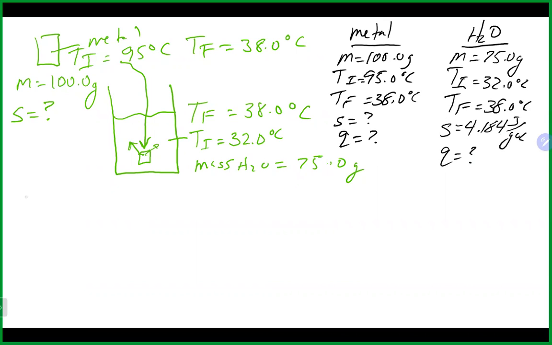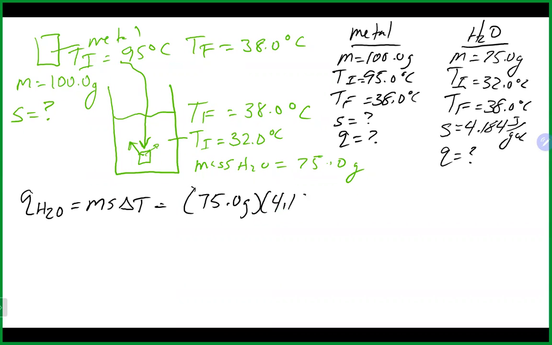So if we start with that, Q of the water will equal m c delta T, putting in our numbers here. We have 75 grams in my made up example here. We have our specific heat capacity of the liquid water. Once again, we want to do final minus initial here for the temperature.